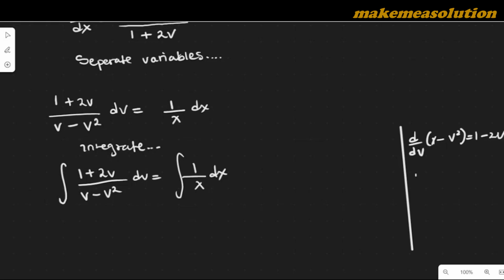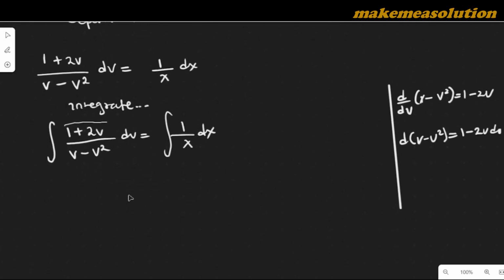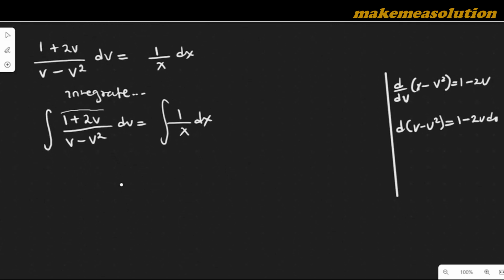So in other words, d of (v minus v squared) is (1 minus 2v) dv. What we have on the numerator over here is 1 plus 2v. So this method unfortunately will not work. So we can actually factorize and resort to another method. So let's go ahead and factorize.